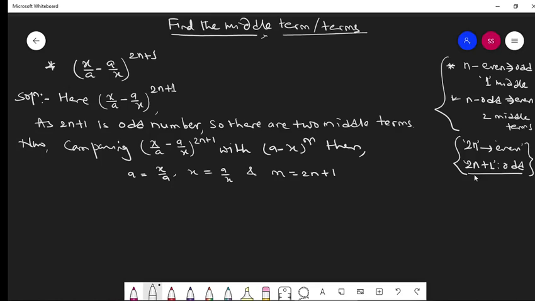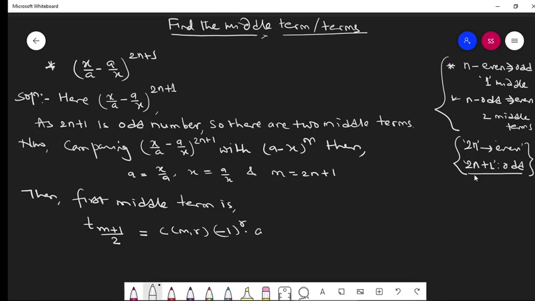Then, dear students, the first middle term is T of (m plus 1) by 2, where m we have supposed, equals C(m, r) times (-1) to the power r, a to the power m minus r, x to the power r.